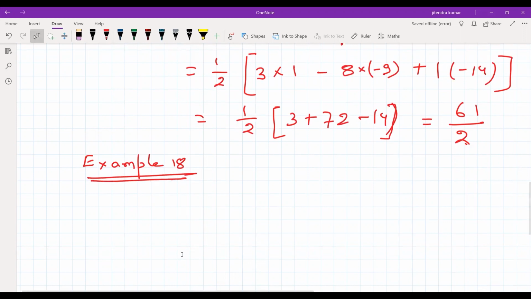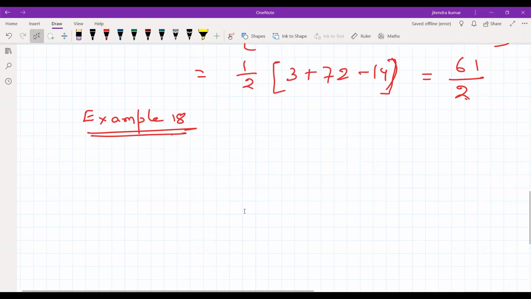of your NCERT book, the question is: find the equation of a line joining the points A (1, 3) and B (0, 0) using determinant. So using determinant, we have to find the equation of the line joining the points (1, 3) and B (0, 0).